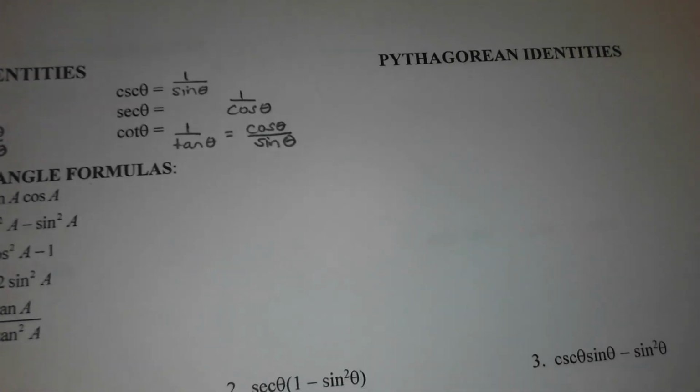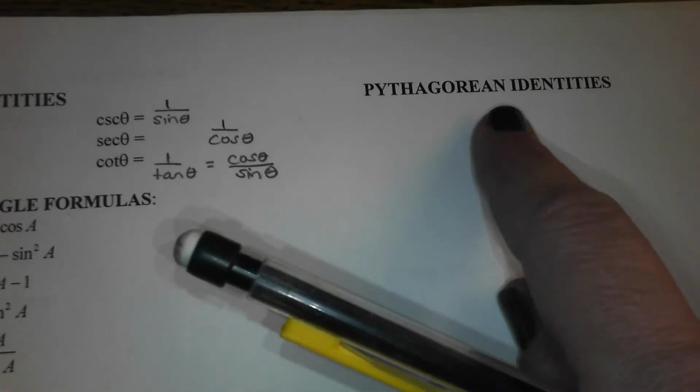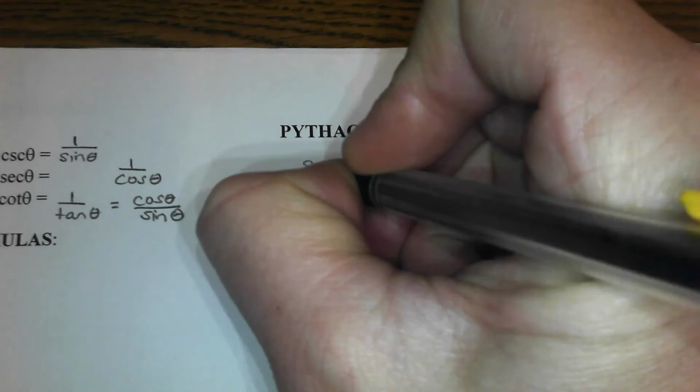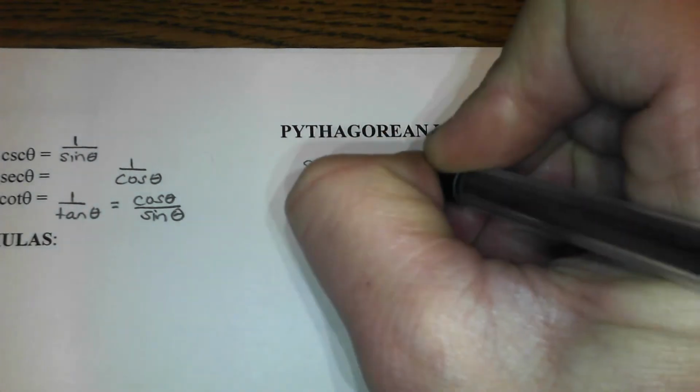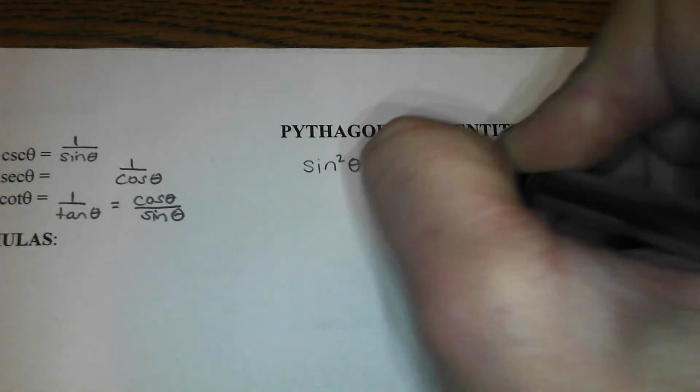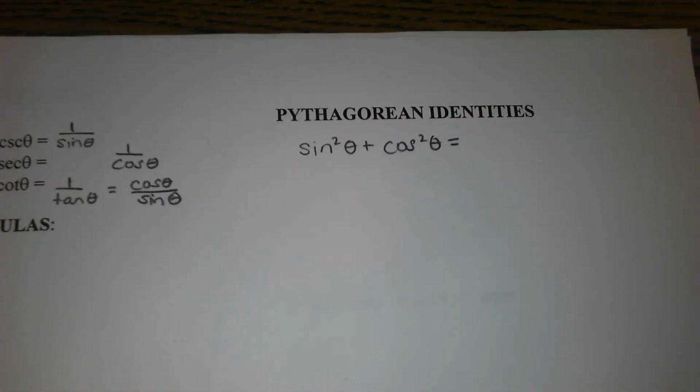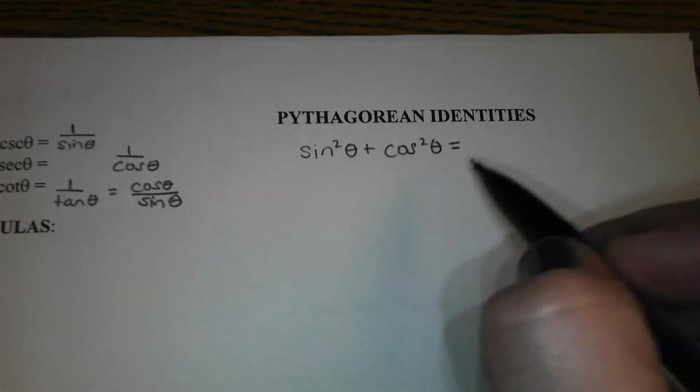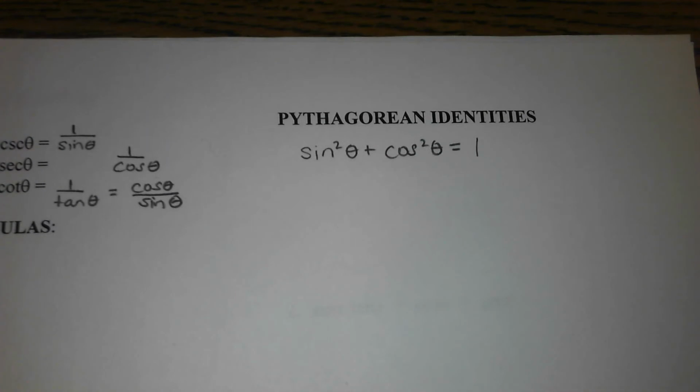Your Pythagorean identities, you only did one of these last year. You did sine squared of theta plus cosine squared of theta equals, do you remember? 1. Nice. Okay, I think, at least if you had me, that's the only one we did.